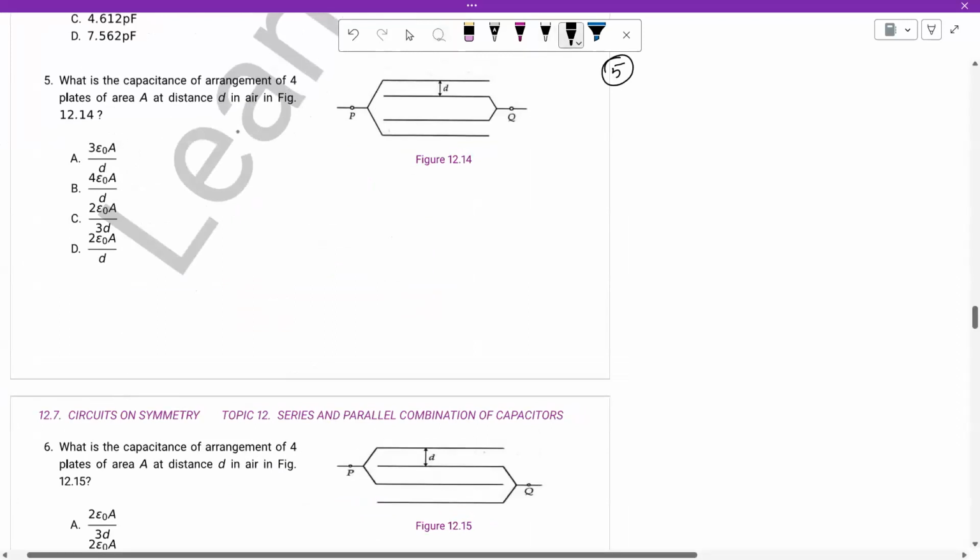So what is the capacitance of an arrangement of four plates of area A at a distance? So this is P, right? And they are connected like this.